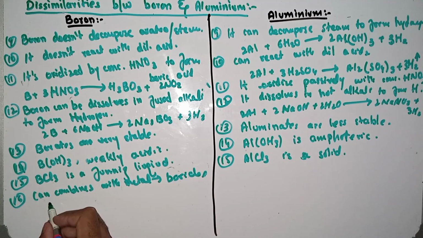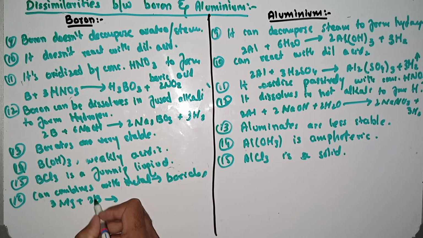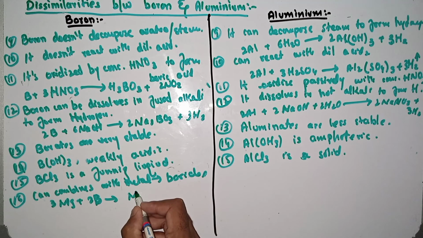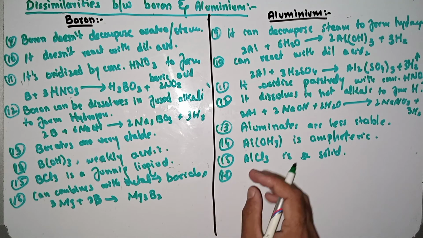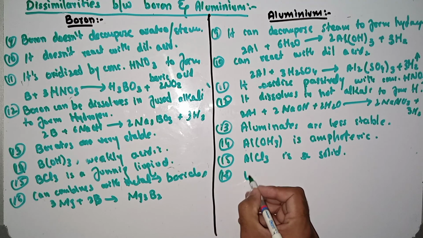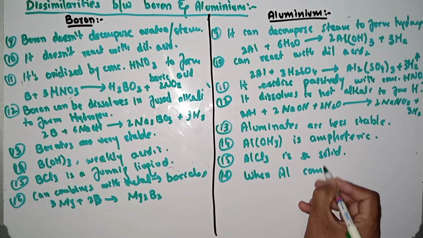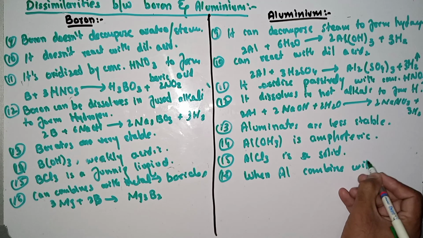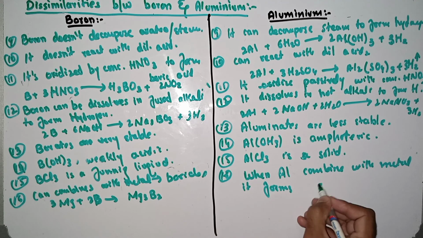For example, when 2 atoms of boron react with 3 atoms of magnesium, it will generate Mg3B2. While in case of aluminum, when aluminum combines with metal, it forms Li.